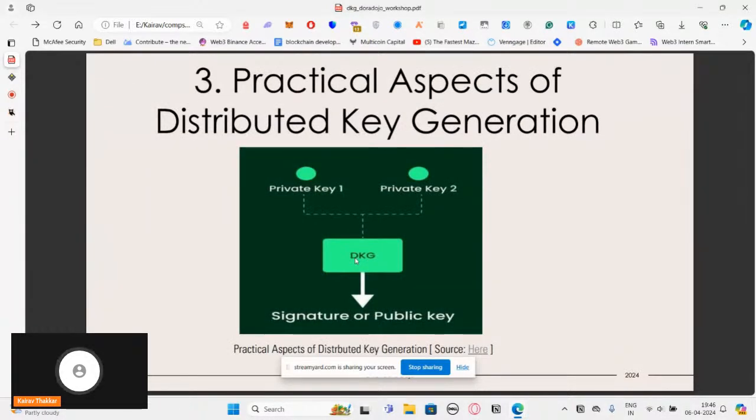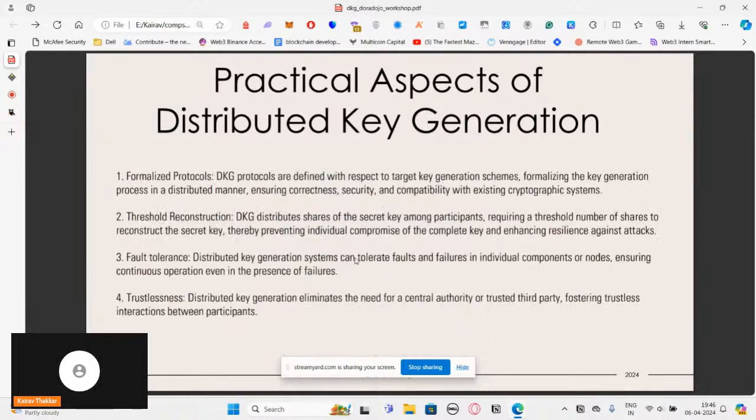Now, we will go forward with the practical aspects of distributed key generation. We have formalized protocols. When you're talking about the Web3 world and how the protocols for Web3 are being designed, DKG plays a very crucial role.